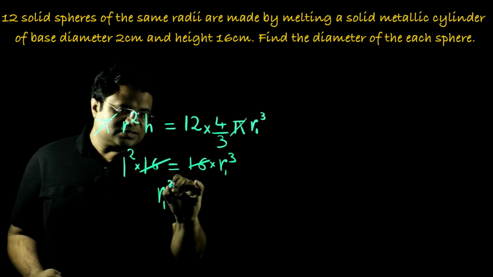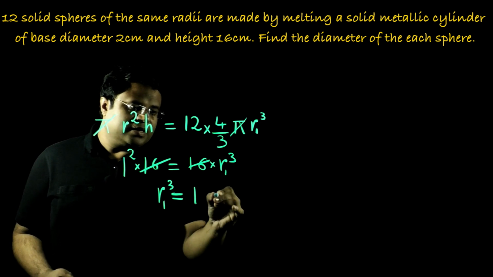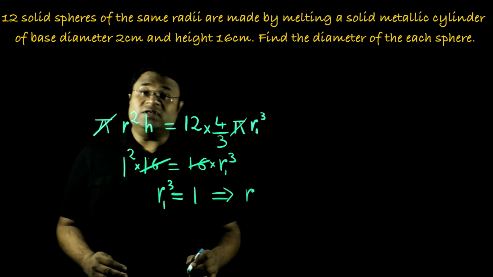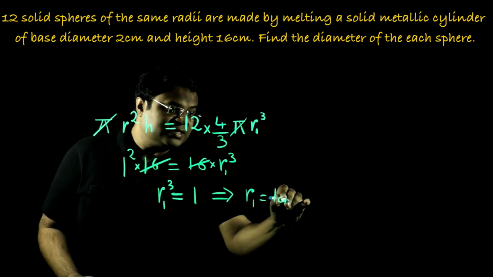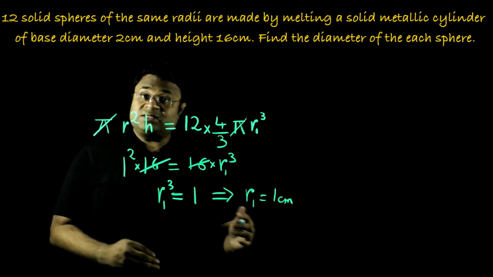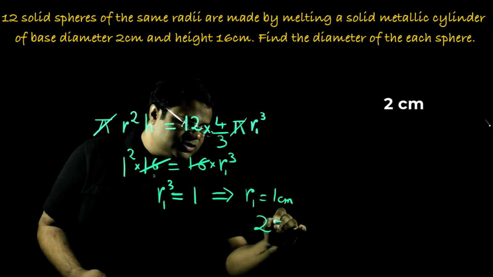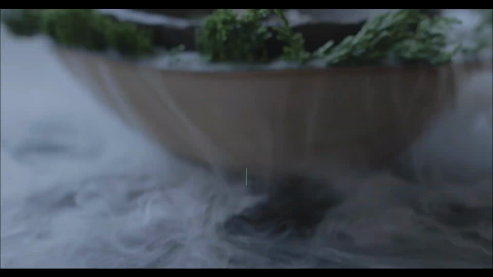The radius r1 cube is equal to 1. This implies that the radius of the spheres is 1 centimeter. But they've asked us the diameter, so diameter will be twice the radius, which is 2 centimeters. Got it?